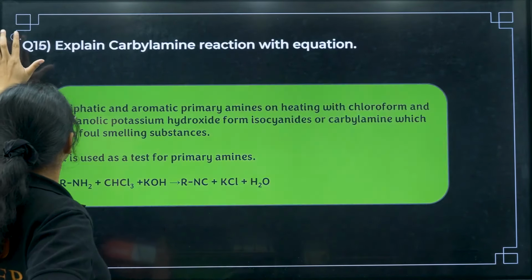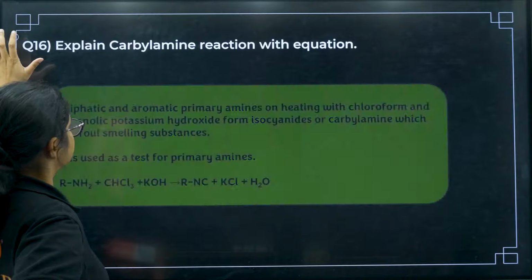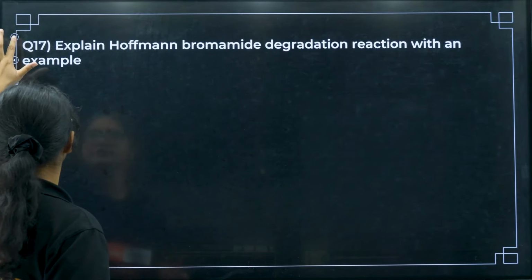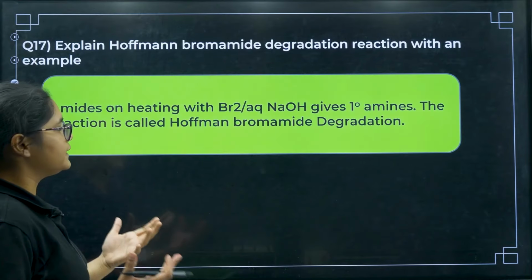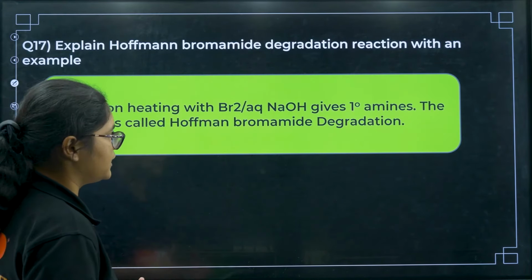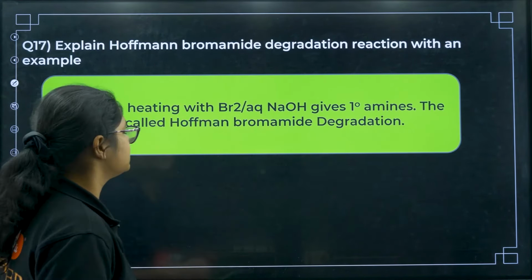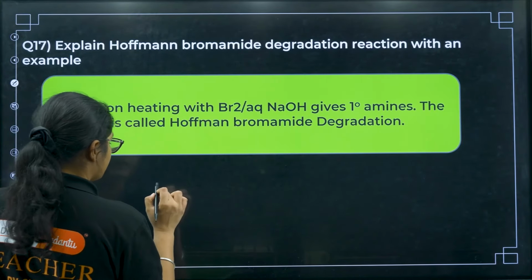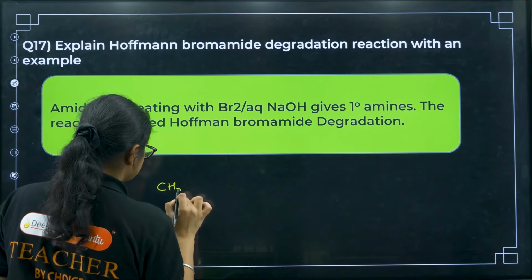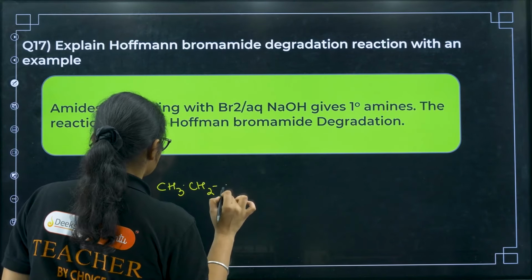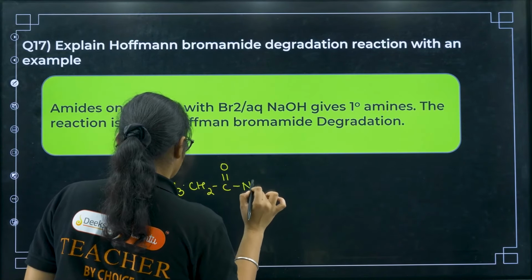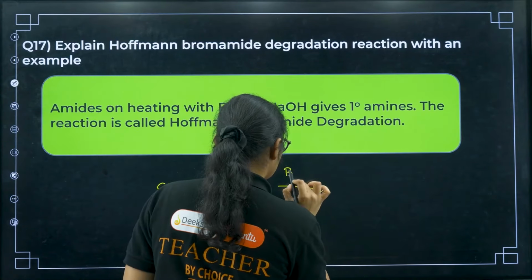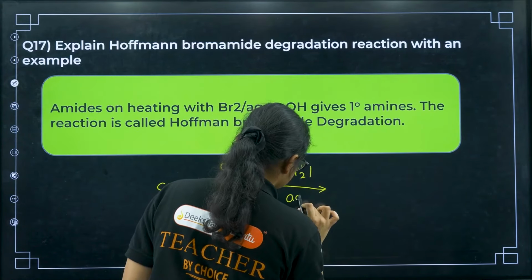Next, explain, okay, just a minute, this question is repeated. Yes, explain Hofmann bromamide degradation with an example. Amides on heating with Br2 and aqueous NaOH give primary amines, and this reaction is called Hofmann bromamide degradation. You can take any reaction like this: CH3CH2CONH2, and you treat it with bromine and aqueous NaOH.